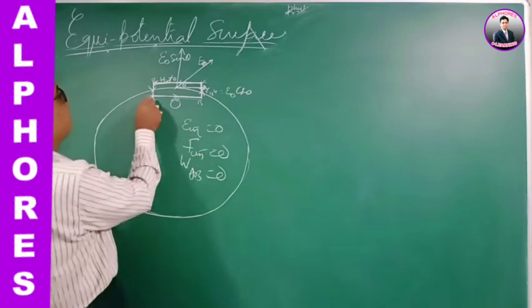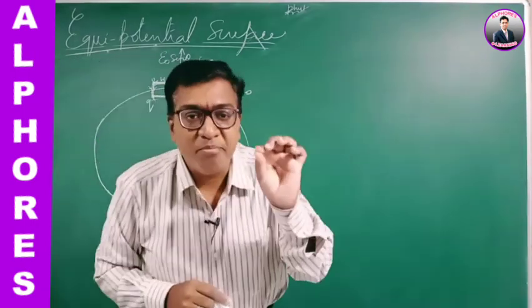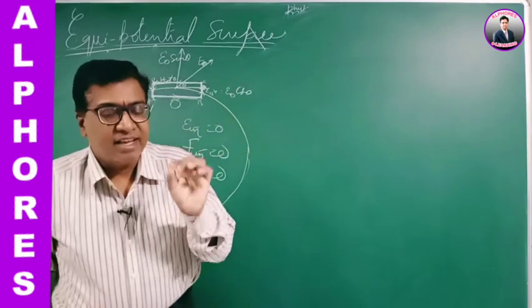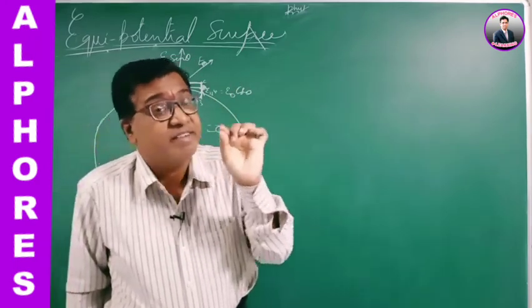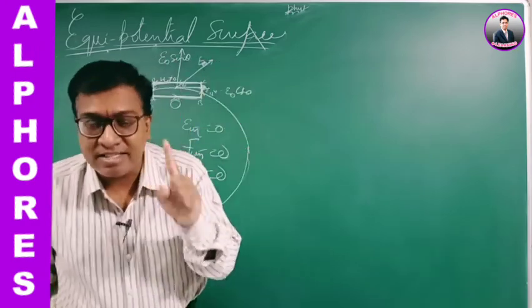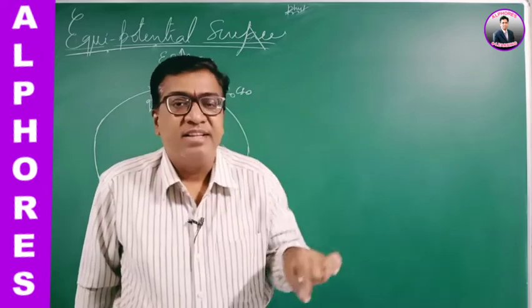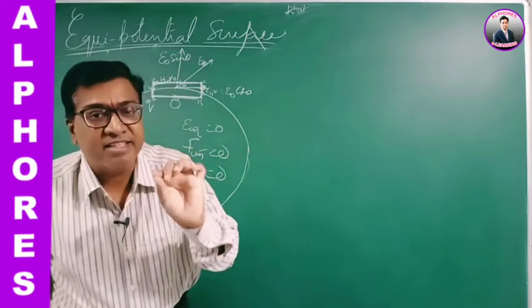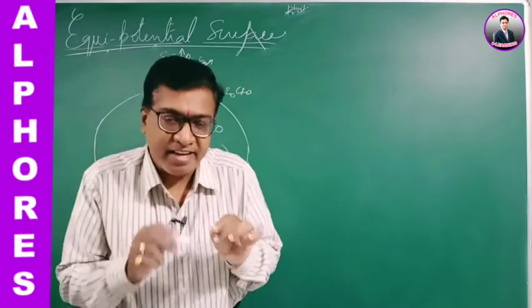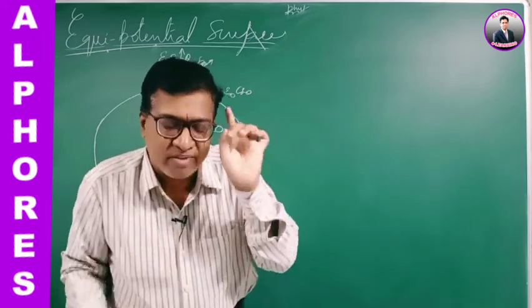So the net work done in moving in a closed path is non-zero, which is impossible, because electric field is a conservative field. What is a conservative field? In a conservative field, the net work done in moving in a closed path is always 0.